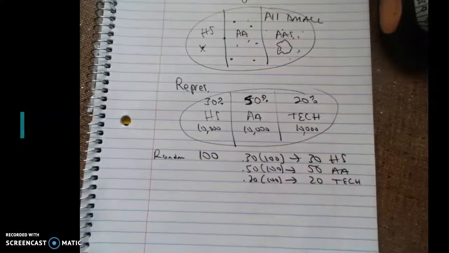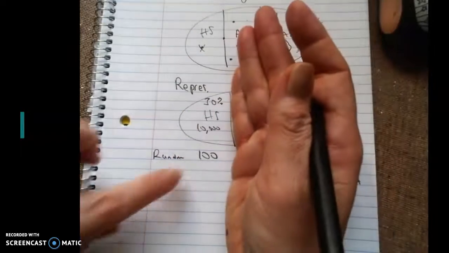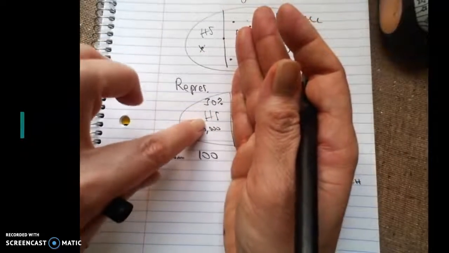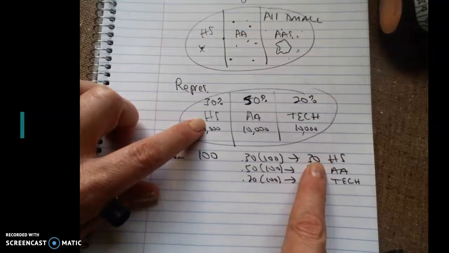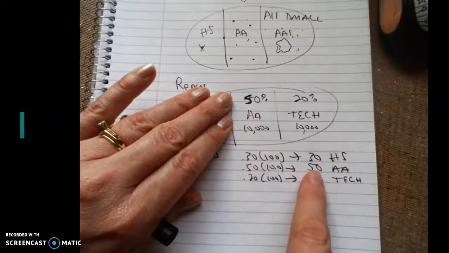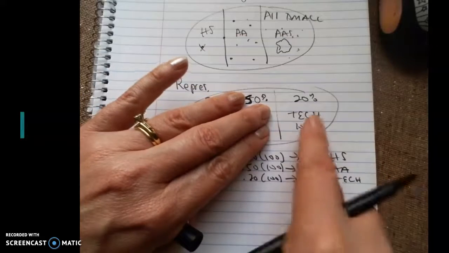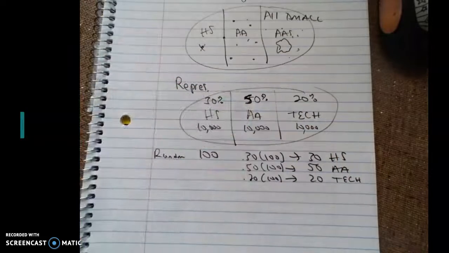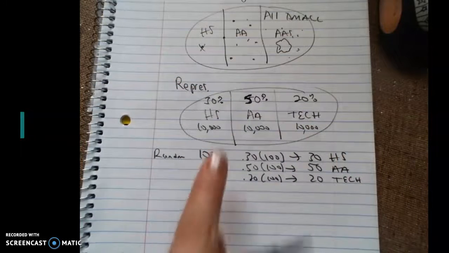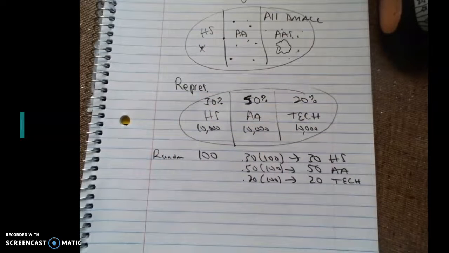Then we would go to the high school area and randomly grab 30 names, okay? Then we would go to the AA, since they're a bigger percent, and grab 50 random names. And then tech, since it's a little less, we grab 20 names from that area. That ensures that everybody's represented at the percent that they should be, okay? So that's a way to deal with that.